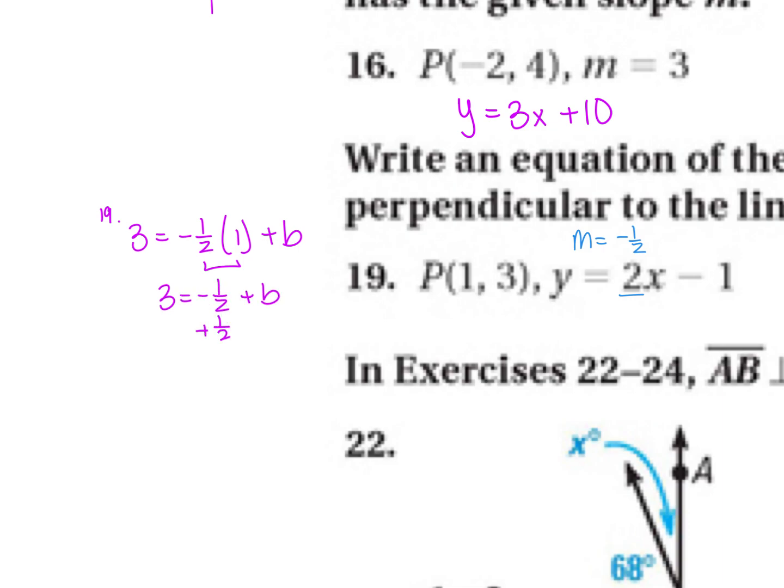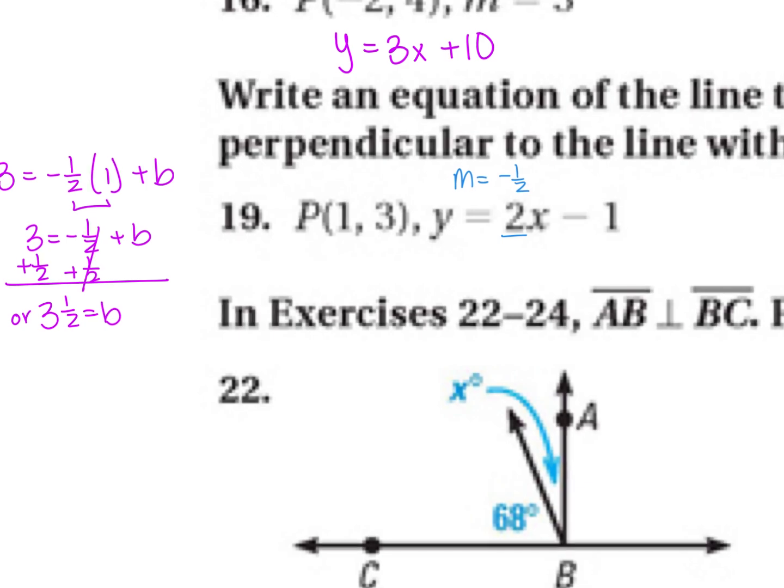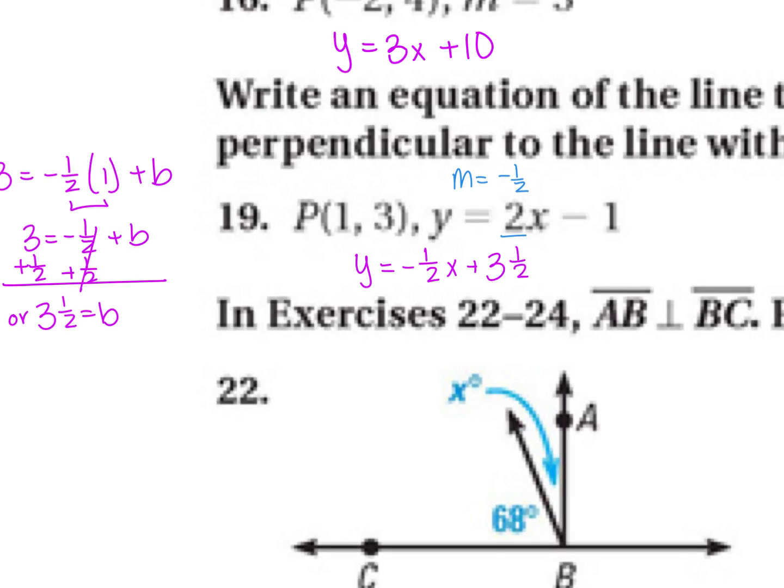Add 1 over 2. And this one should have been pretty easy. 3.5 equals b. Or you could have written 7 over 2, that's fine. So my answer for this one is going to be y equals negative 1 over 2x plus 3.5.